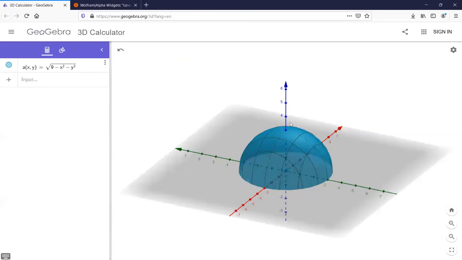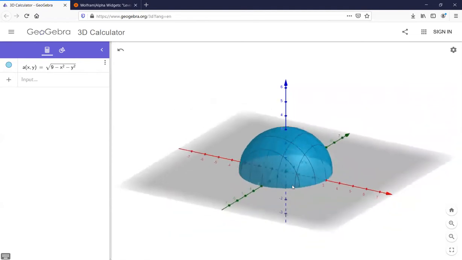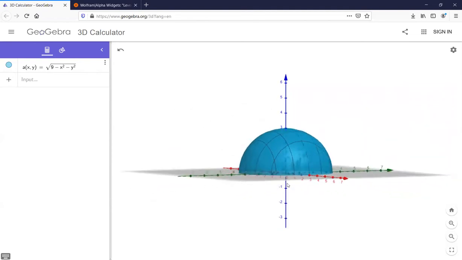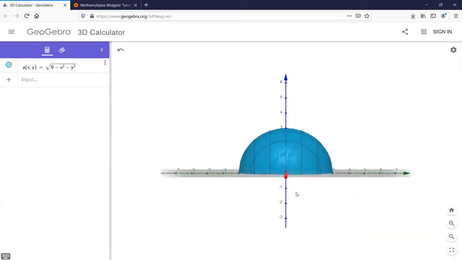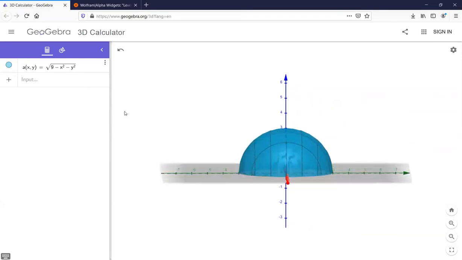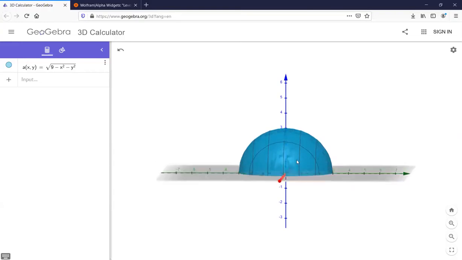So this is our surface in space, the square root of 9 minus x squared minus y squared. As you can see, it's the upper hemisphere because it doesn't have a plus-minus sign. It only is the square root of. The sign before the square root is plus. So that's why you only have the upper hemisphere, okay?